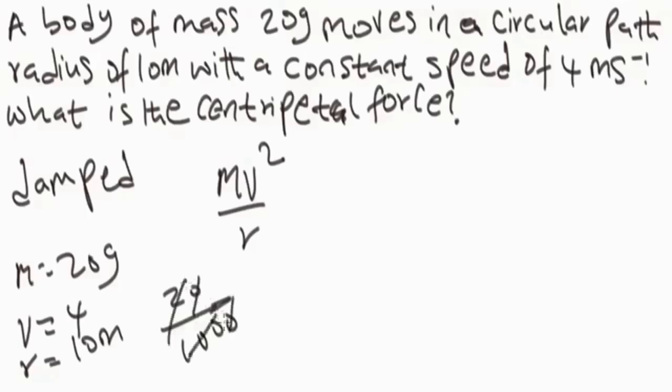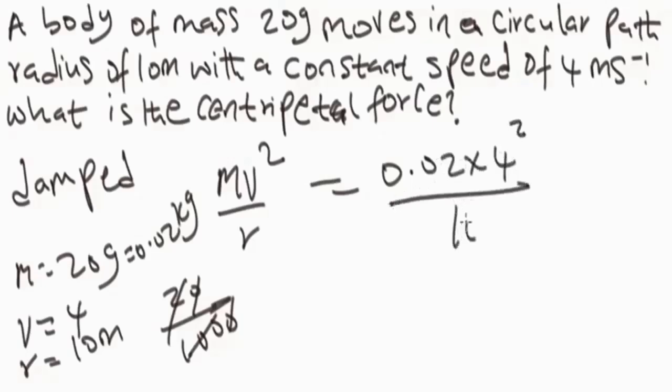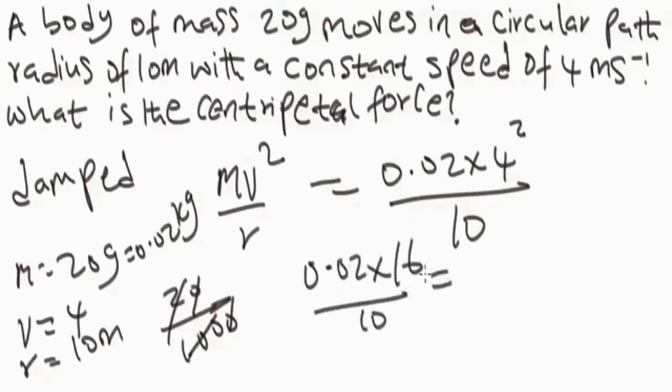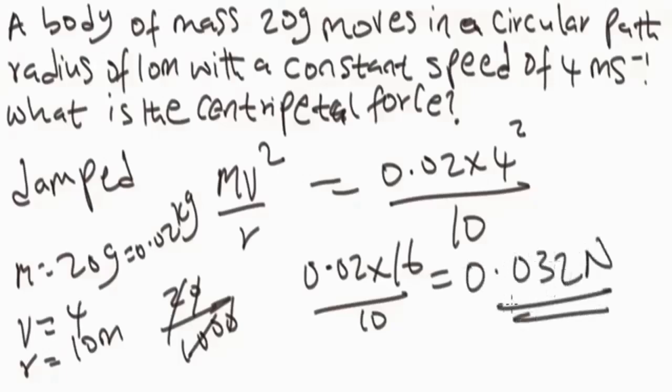We'll be left with 2 divided by 100, which is 0.02 kg. When you substitute, you have 0.02 times 4 squared over 10. When you simplify this, 4 squared is 16, so 0.02 times 16 over 10. Let me punch this into my calculator. The centripetal force will be 0.032 Newton. So that will be the answer to this question.